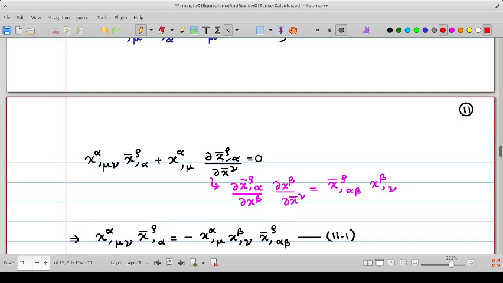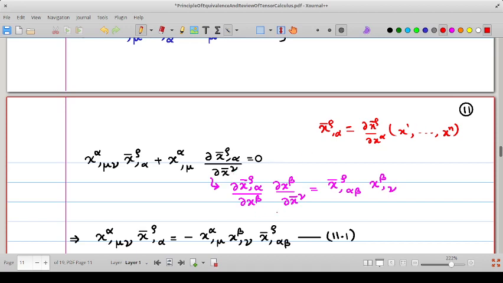Now, considering x bar rho comma alpha, which is actually dx bar rho by dx alpha, as a function of the coordinates x1 etc. up to xn in an n-dimensional space, we can take the derivative of this quantity with respect to x bar nu by taking the derivative of this with respect to each of the x coordinates and multiplying with the derivative of the x coordinate with x bar nu.